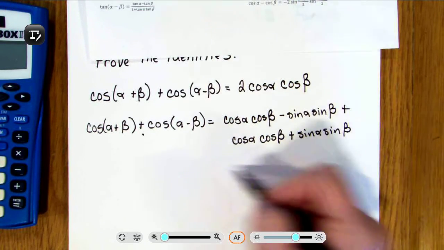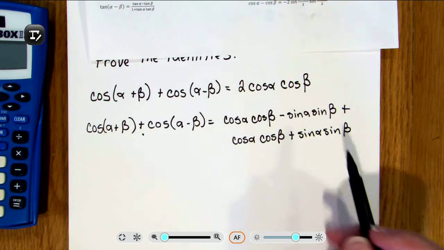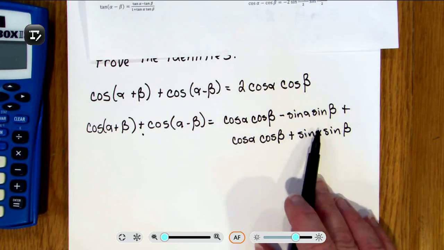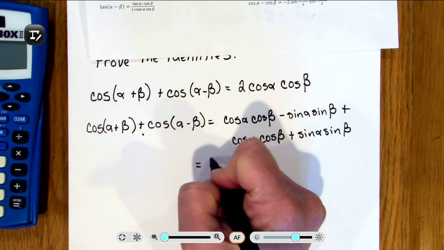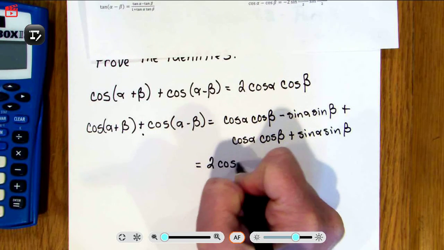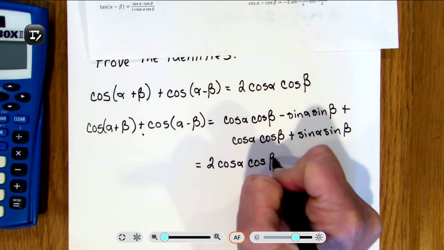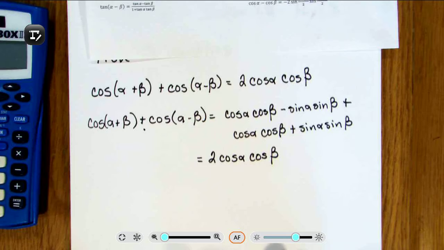So we're kind of wrapping around a little bit here. Now we'll notice that I do have these two things, there's two of them and one positive, one negative. So this does fall right out, and we get 2 cosine of alpha cosine of beta. So it worked very nicely.